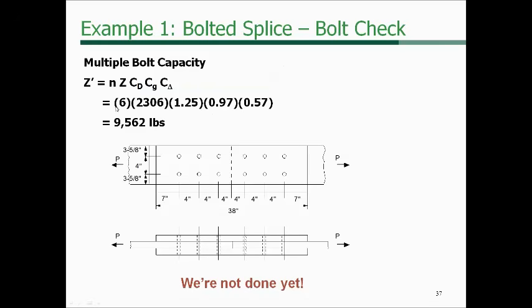So we've got 6 bolts on each side of the splice, times that 2,300 pounds, times a load duration factor of 1.25, a group action factor of 0.97, and a geometry factor of 0.57 to give us a total capacity of just under 10,000 pounds, 9,500 pounds for this connector.